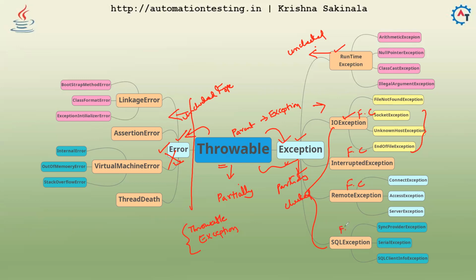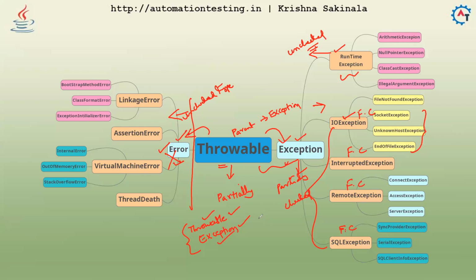RuntimeException is already unchecked, so no need to talk about its child classes even. So by looking at all these, we have only two classes which are partially checked, that is Throwable and Exception. There are only two partially checked exceptions available in Java, Throwable and Exception.